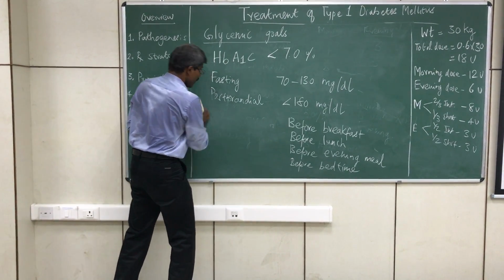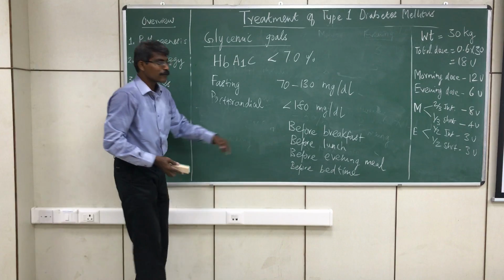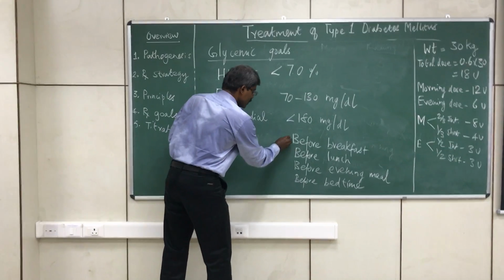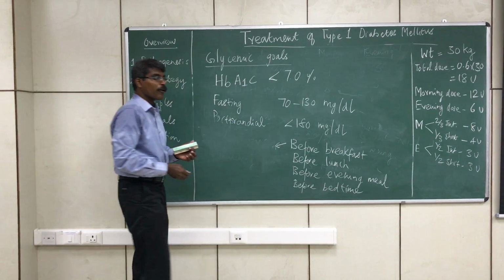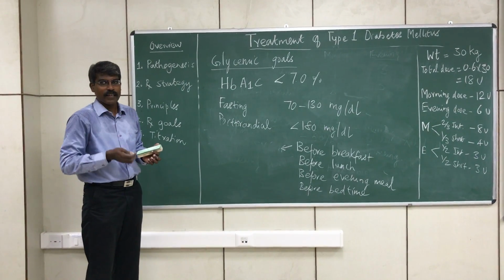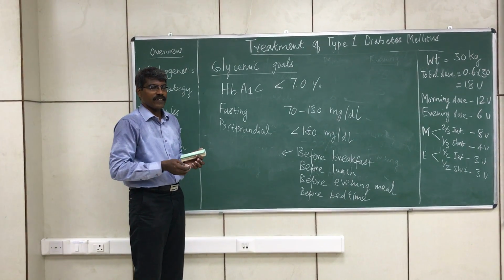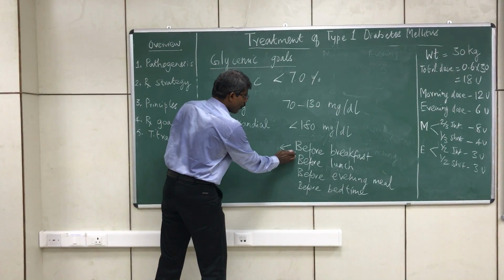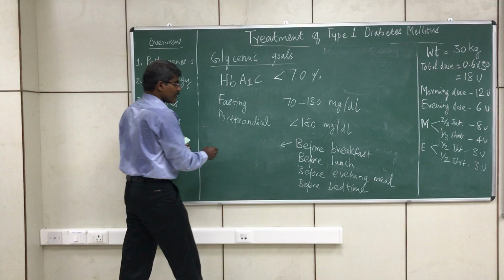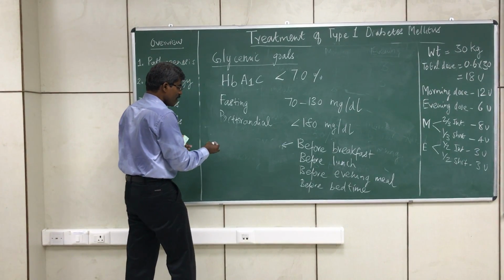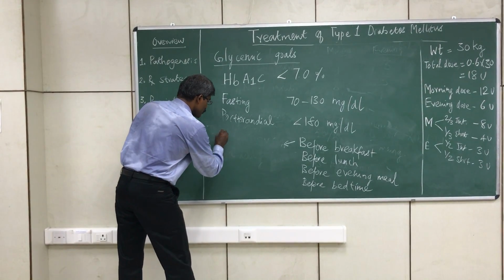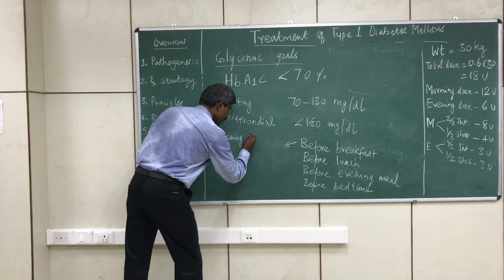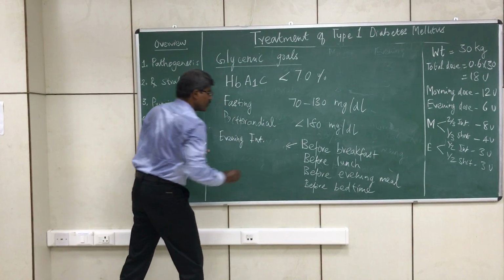Now you can see that these 4 levels correspond to specific doses. If the before breakfast level is not maintained, let's say the blood glucose level is high, then it's obvious that in the 2 injection regime we need to alter the evening dose of intermediate acting.